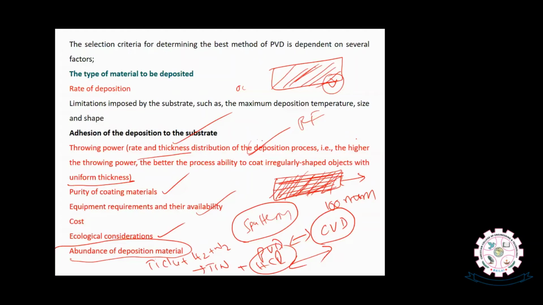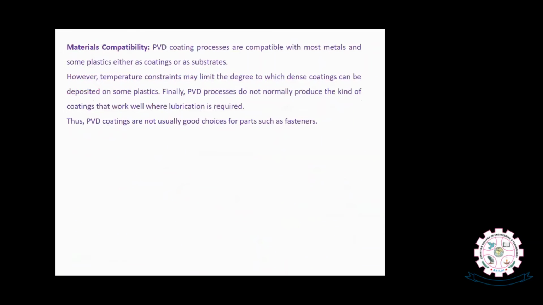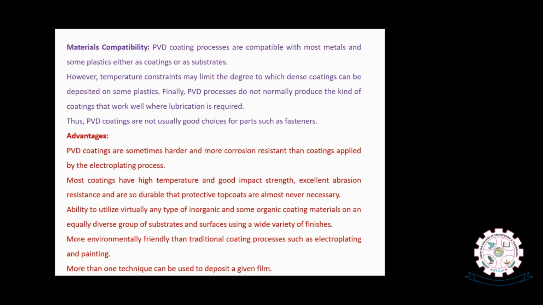So unless we are aware of these things, we will not be able to choose or establish a good facility in our lab. That is what you need to keep in mind. So material compatibility, you need to look at all those things. There are advantages, you need to look at. PVD coatings are sometimes much better compared to other things.